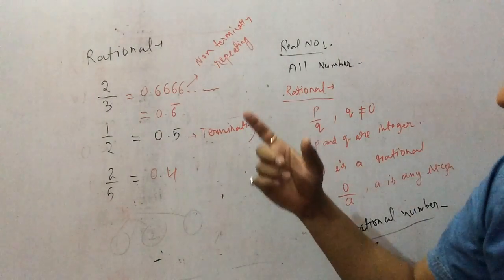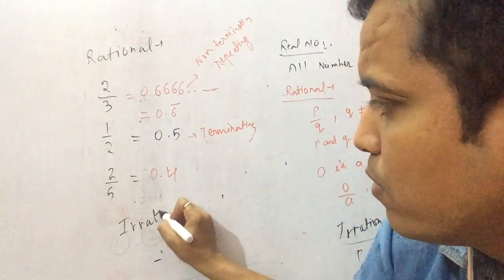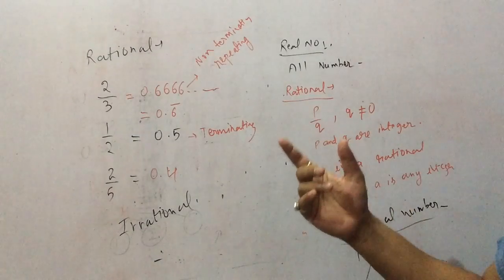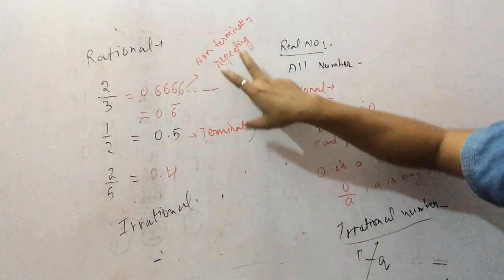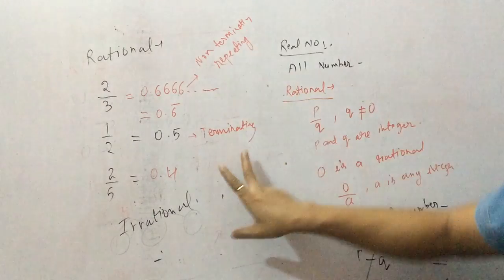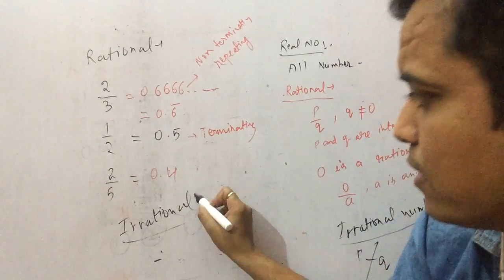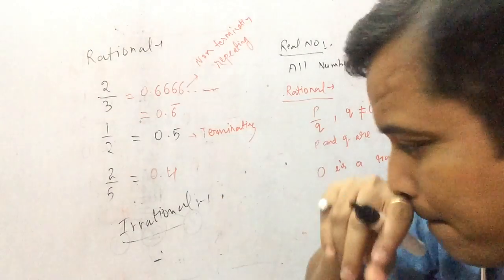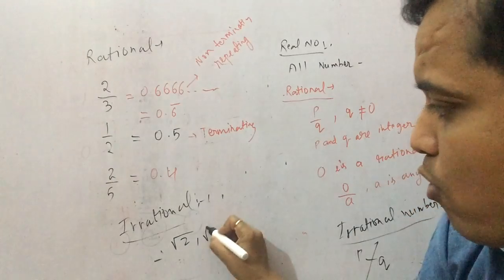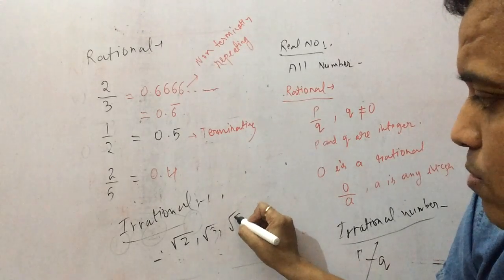What is the definition of an irrational number now? Irrational numbers are numbers whose decimal expansion is neither non-terminating repeating nor terminating. For example, the square roots of all prime numbers are examples of irrational numbers.